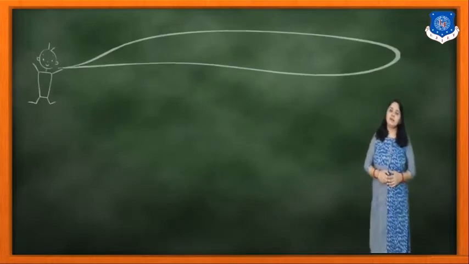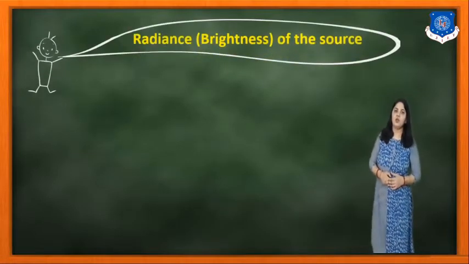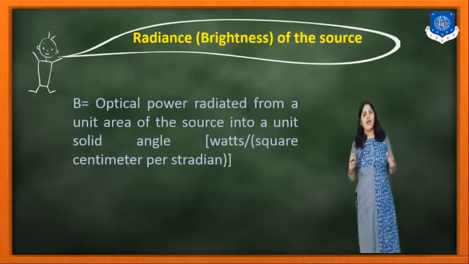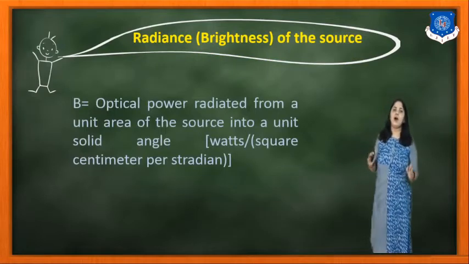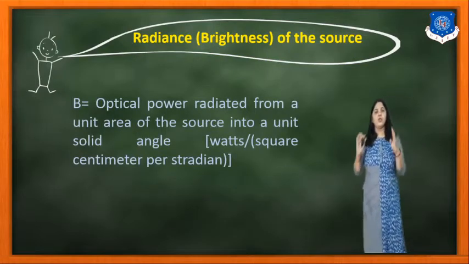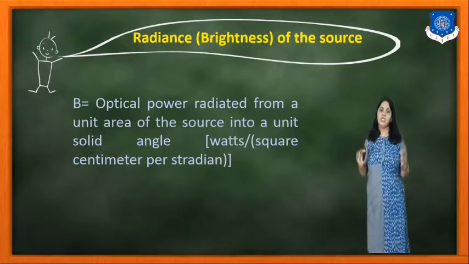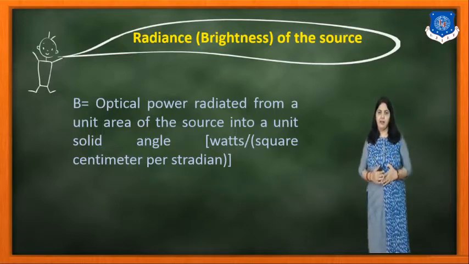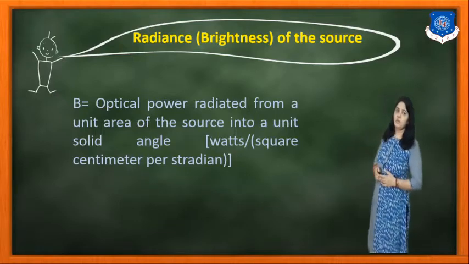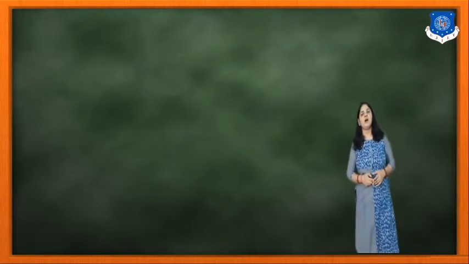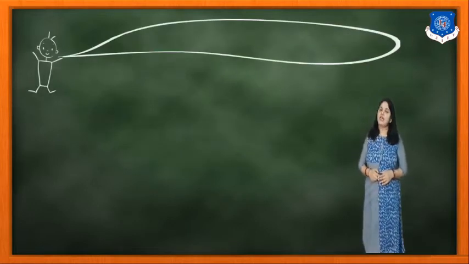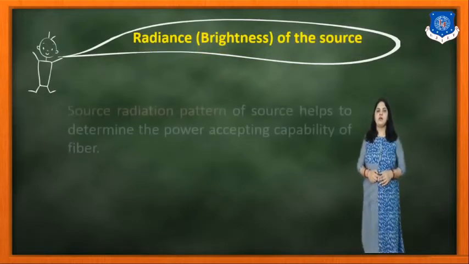So it is the radiance of the particular source, where B is the optical power radiated from a unit area of the source into a unit solid angle. The unit is watt per square centimeter per steradian. So that is the unit of the radiance.